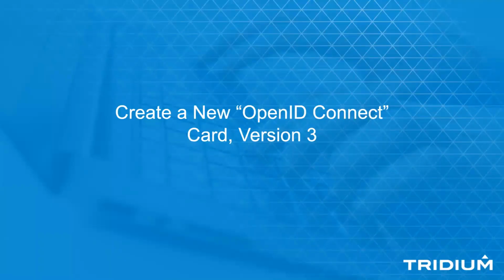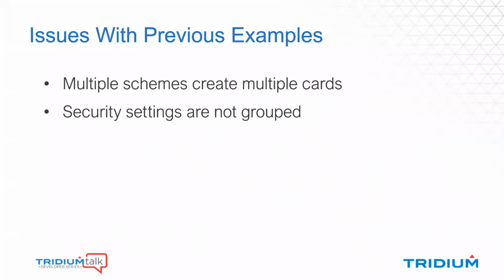But this isn't the only thing that we could have done with the security dashboard provider agent interface. If you look at both of the previous examples, there are a few issues. It is entirely possible that someone might create a station that has a whole bunch of OpenID Connect authentication schemes in it. And if they do that, they're going to end up with one card for each scheme.